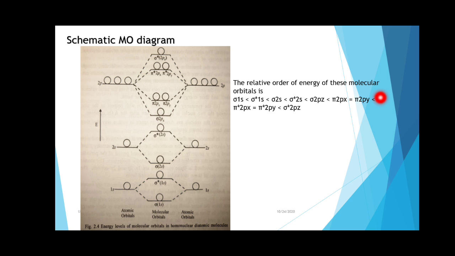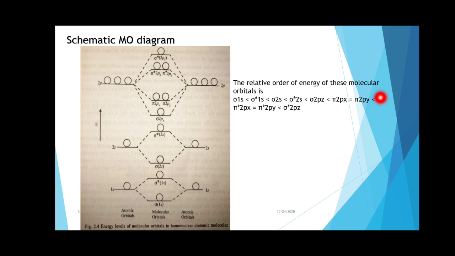So when two atomic orbitals combine, how many molecular orbitals get formed? Two. Out of those two molecular orbitals, half will be bonding molecular orbital and half will be anti-bonding molecular orbital.